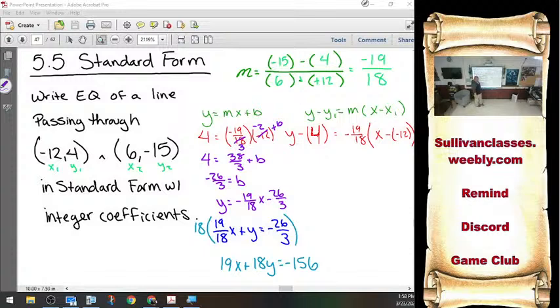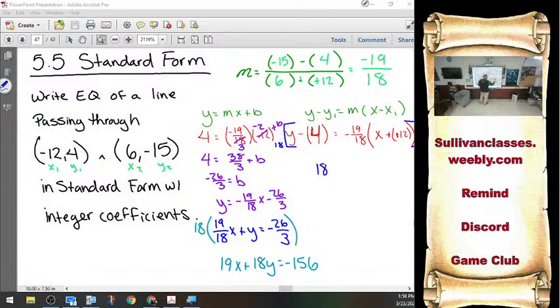Over here, what I want to do right away, we did this yesterday, I'll take the whole thing times 18 right now so I don't have to deal with fractions at all. I don't like fractions, so I'm not going to deal with them. Turn that into plus the opposite.